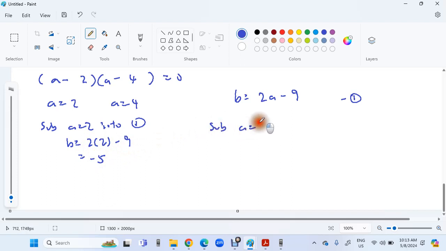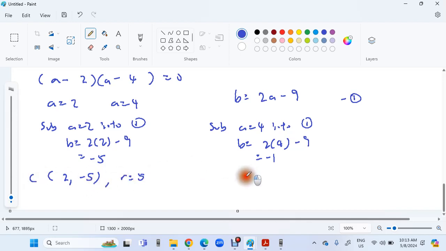And we sub a equal to 4 into equation 1, b will be 2 times 4 minus 9, then it is -1. So this is (2, -5) as the center, radius is 5. This one is (4, -1) as the center, and then radius equal to 5.